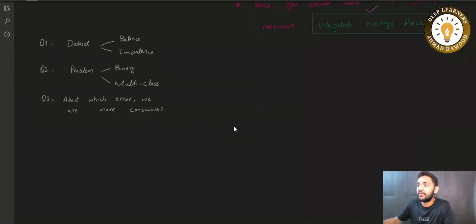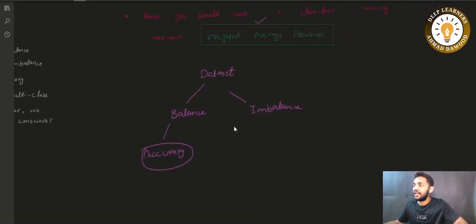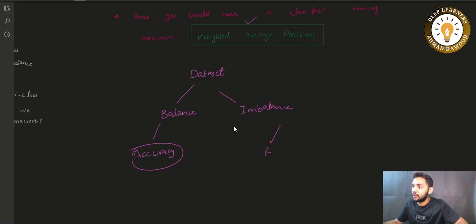Okay, so first of all, whenever you have a data set, you have to ask whether the dataset is balanced or imbalanced. If your dataset is balanced, no matter whether the problem is binary or multi-class, you can use accuracy. Now, if your dataset is imbalanced, then you have to see whether the problem is binary or multi-class.